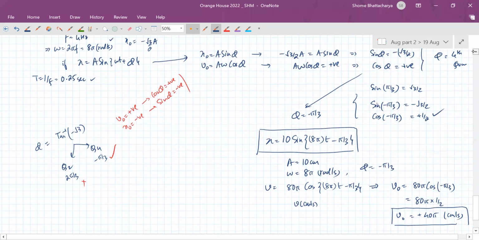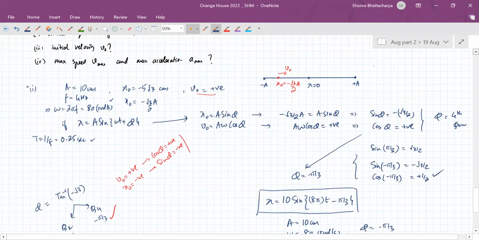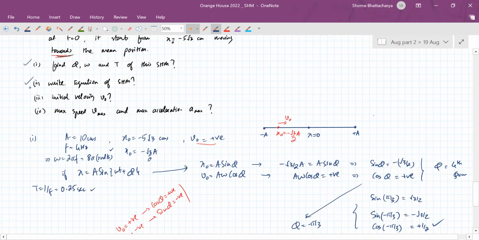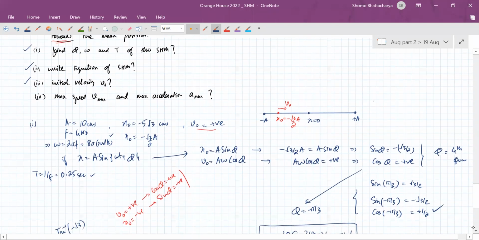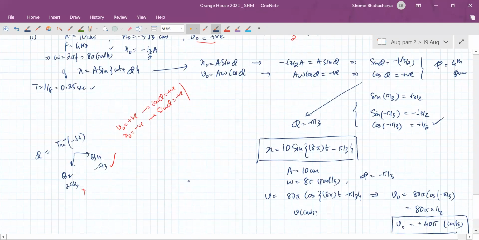So I've got all these things now. Now what else do we need to calculate? Equation of SHM is done, phase constant is done. Maximum speed is now formula based. Okay. Now fourth part: maximum acceleration's magnitude is A omega square.